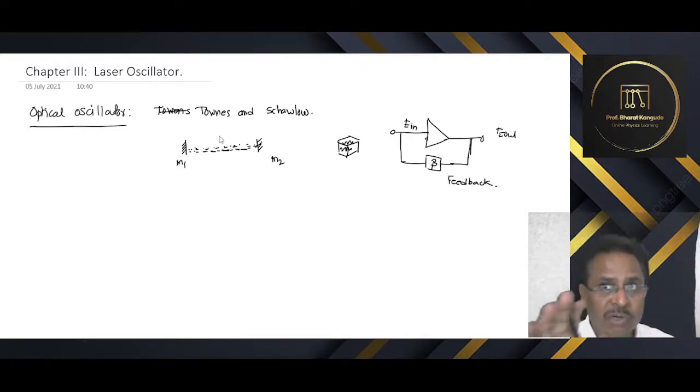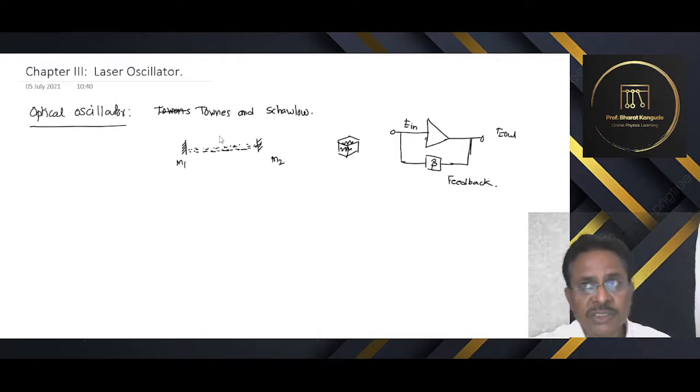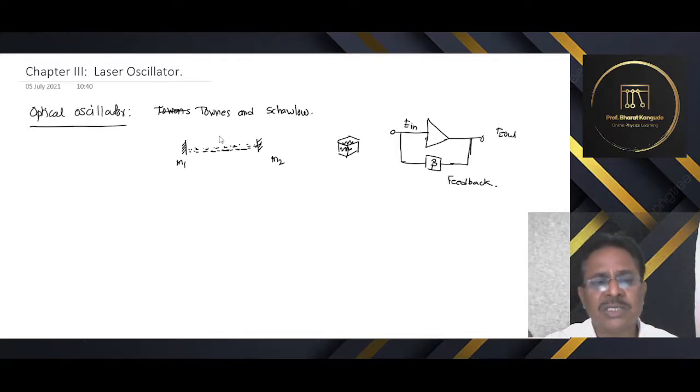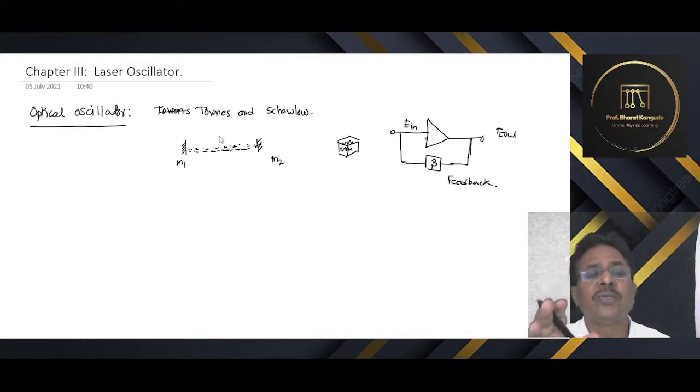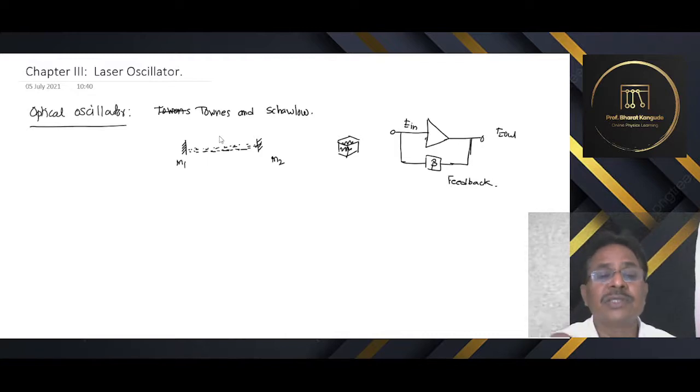Just for comparison, this electronic oscillator is not actually part of our discussion. We did not worry about how laser oscillators, optical oscillators, are to be created. For understanding this, we have taken this comparison: how gain is there, how an electronic oscillator works, and what is the use of the cavity.